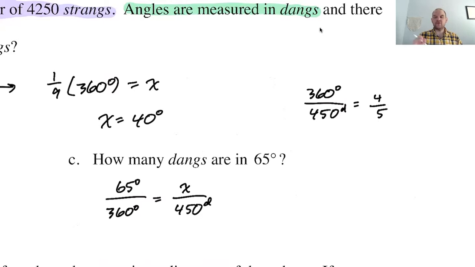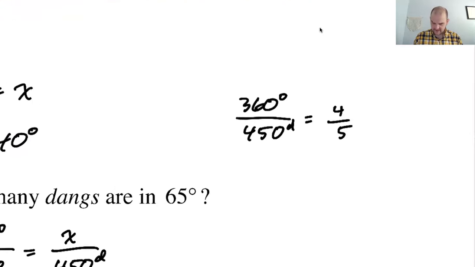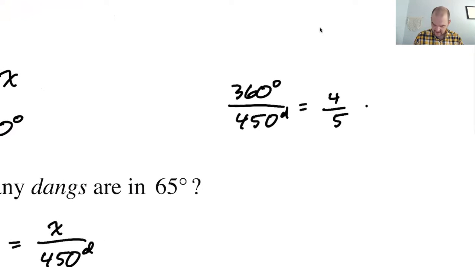If we want to go from dangs to degrees, we should multiply by 4/5. There are 4 degrees for every 5 dangs.